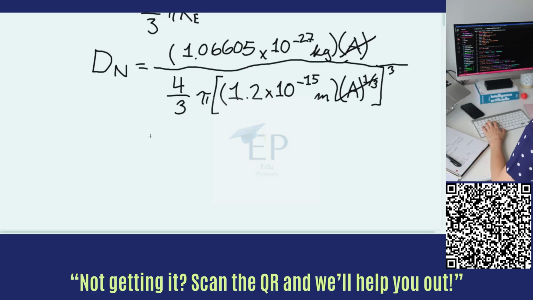So plug in the numbers in here. We find that this works out to a density of 2.30 times 10 to the 17th, I'm sorry, not to the negative, 10 to the positive 17th here.